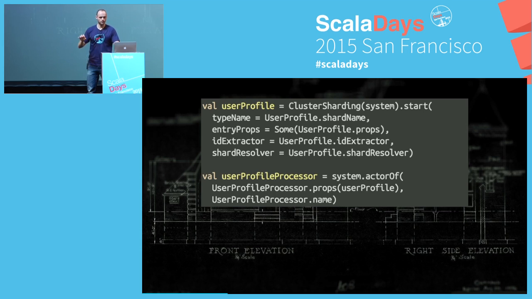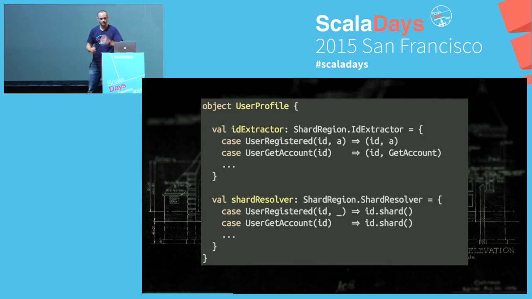And so the rest of the code is just like system.actorOf, except we need to also specify the ID extractor and shard resolver. So the ID extractor essentially does what I've just described. Given a message, we need to extract from it a tuple where the first element is the identity of the actor and the second element might be a different message that I will send to that actor in place of the original message.